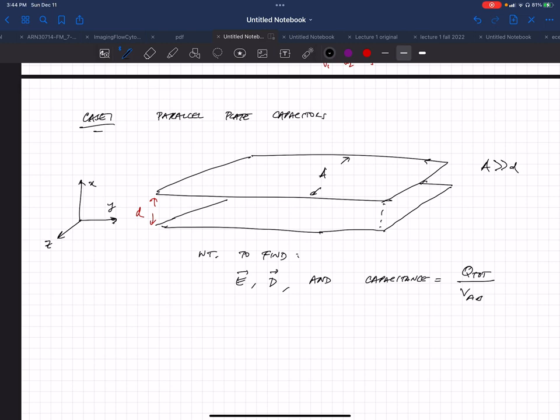Let's say we ground the bottom plate, and then we put the top plate at a potential V0.